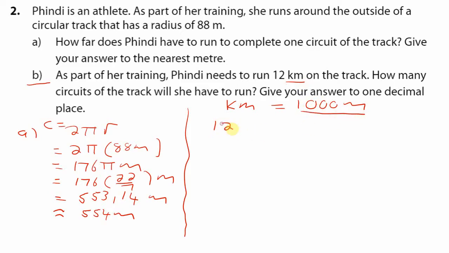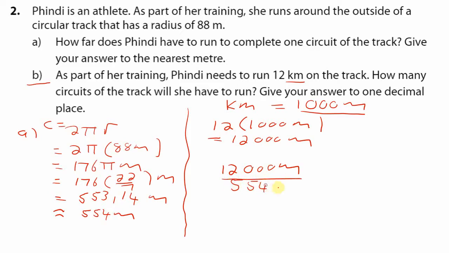So 12 times 1,000 is 12,000 meter. Now we can divide the 12,000 meter by the 554 meter, since they are the same measurement unit. Meters can cancel.